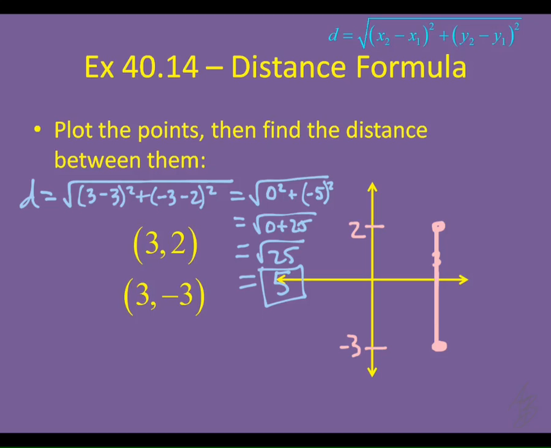This distance right here is 2 minus negative 3, which is 5, and that's it. There is no x component to that segment. Since it's a vertical line, there's no x involved here, so the length of that segment is just the distance along the y-axis, and that's it. Pretty cool, huh?